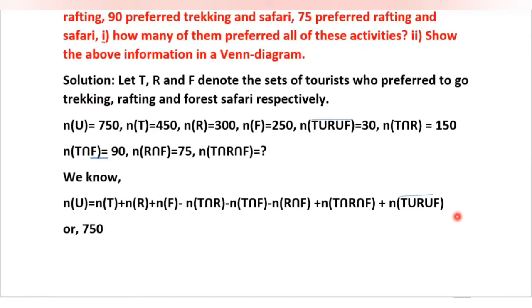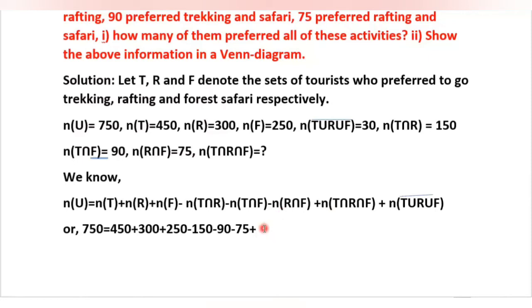We have 750 equals n(T) 450 plus n(R) 300 plus n(F) 250, minus 150, the value of T ∩ R, minus 90 for T ∩ F, minus 75 for R ∩ F, and plus the triple intersection.